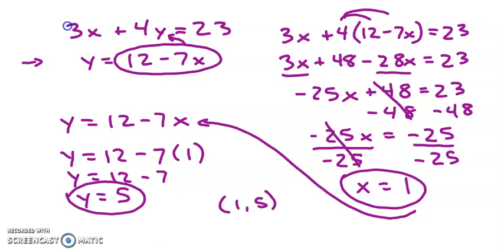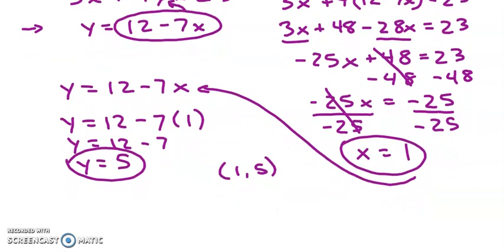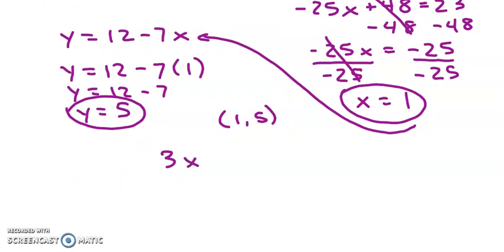Now, if we want to double check our work, we know that 1, 5 works in the second equation, because that's how we got the 5, using the second equation. So if I want to double check that this is the right solution and it fits both lines, I need to plug it into my first equation. So let's go ahead and do that. We've got 3x plus 4y equals 23.